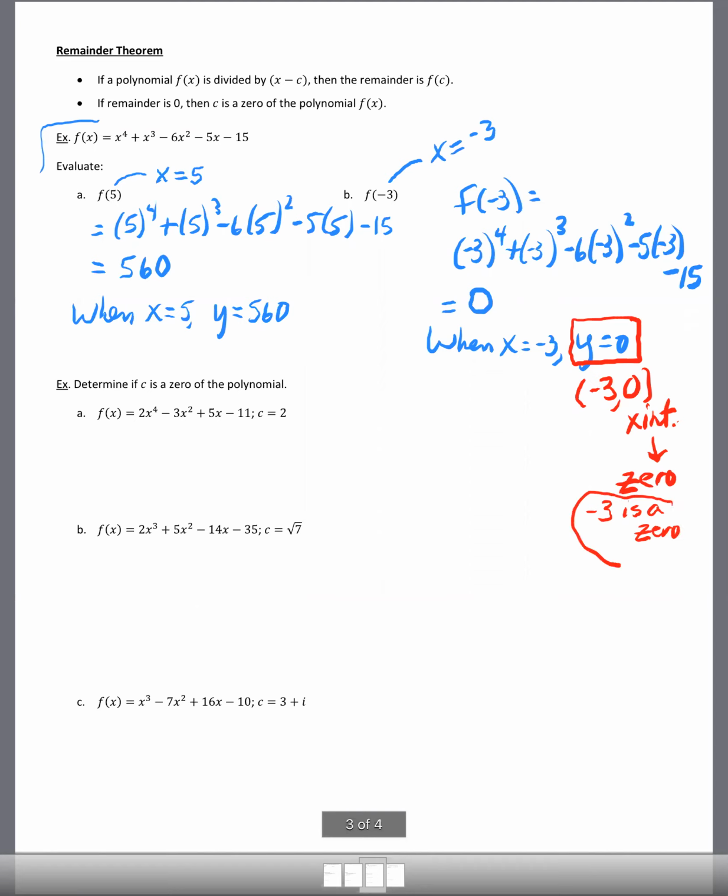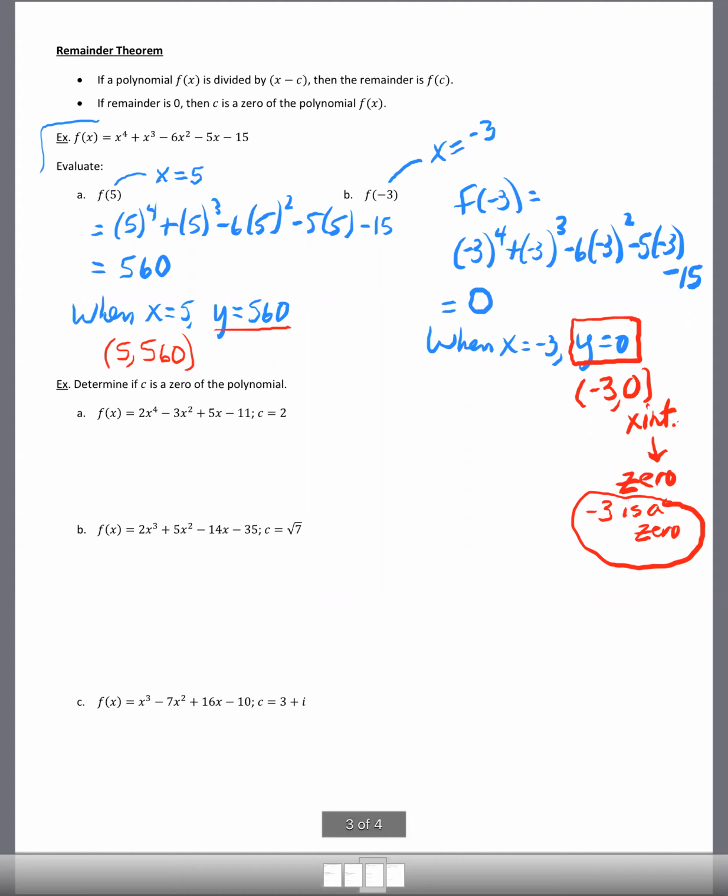This is what this is telling me. In the first example, part A, notice that your function value turned out to be 560. What that tells me is that there's a point on this graph at (5, 560). That is way, way up high in the first quadrant. There's nothing unique about that value. It does not serve us a purpose at all.